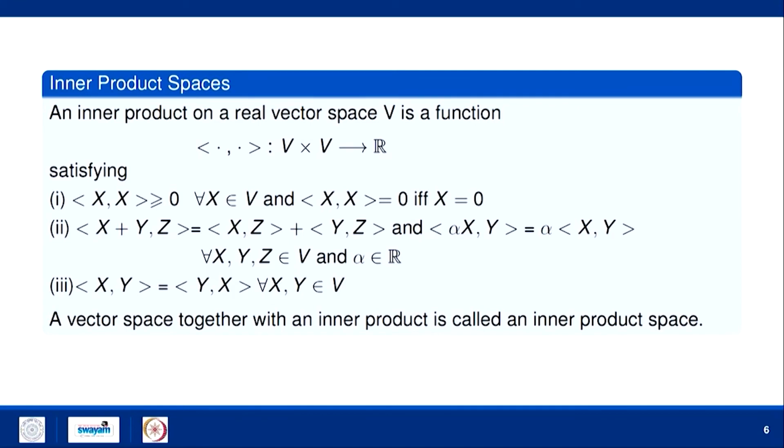My next definition is inner product spaces. Inner product spaces are really important in terms of machine learning and analysis of any classifier.